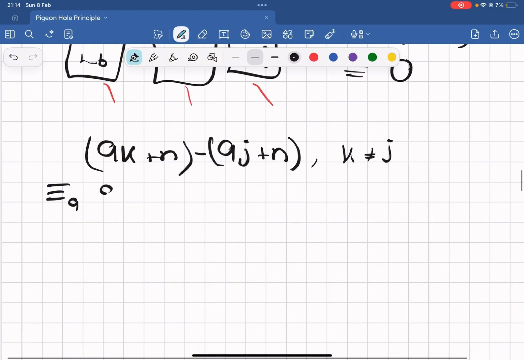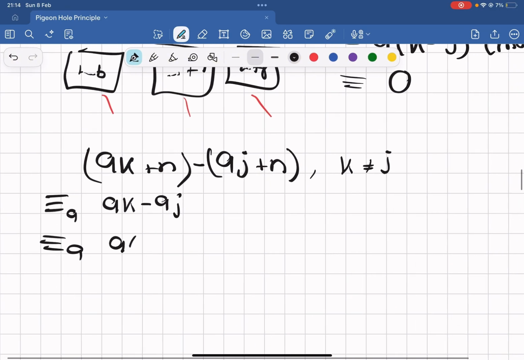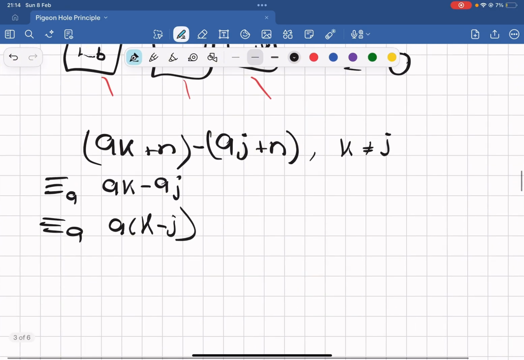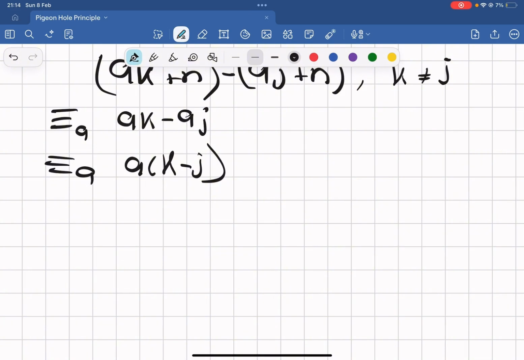So if we simplify this, we have 9k minus 9j, and now we're just left with an expression similar to our specific case. Factorize the 9, k minus j. We know that 9 times k minus j is indeed a multiple of 9.